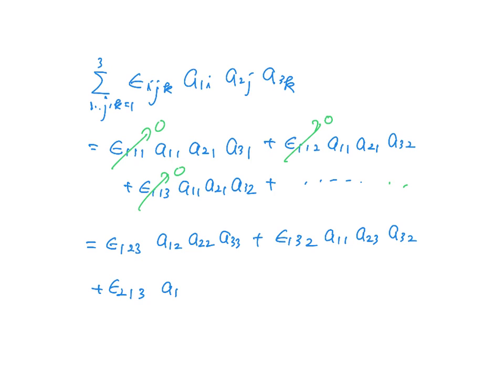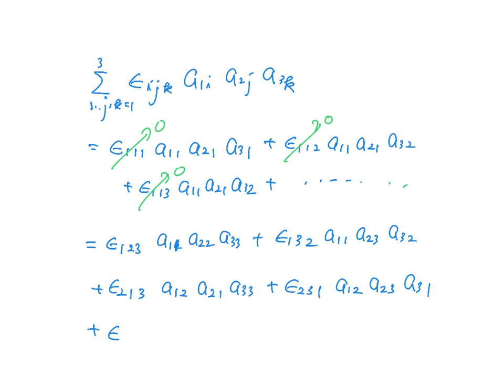So a1,2, a2,1, a3,3, and epsilon 2,3,1, a1,2, a2,3, a3,1.